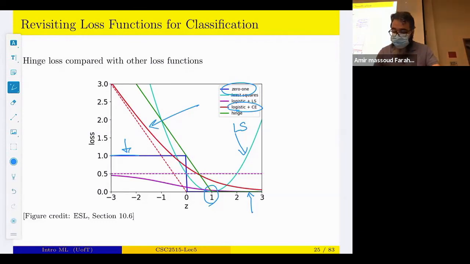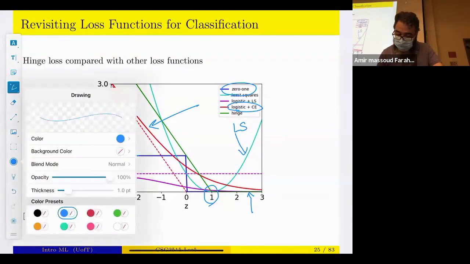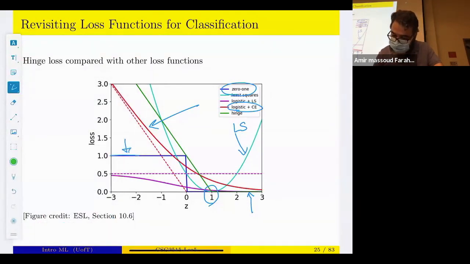If z is positive, the loss becomes smaller and smaller. And if it becomes very negative, the loss grows, and the growth is almost linear. It's linear asymptotically. But the new one that we have, the hinge loss, the green one, looks like this.